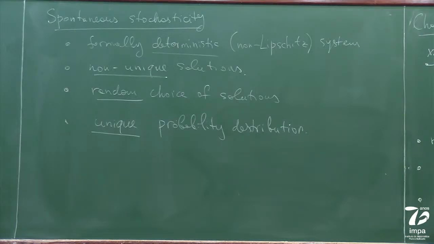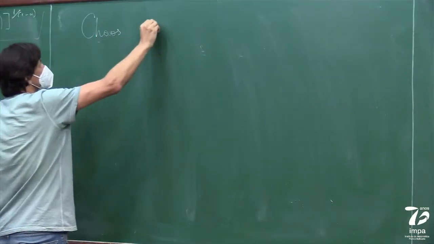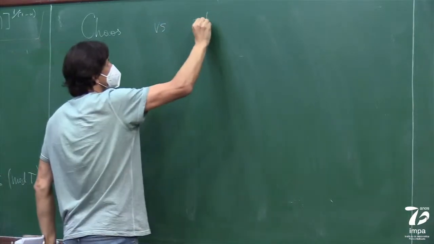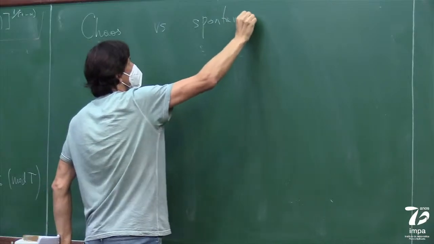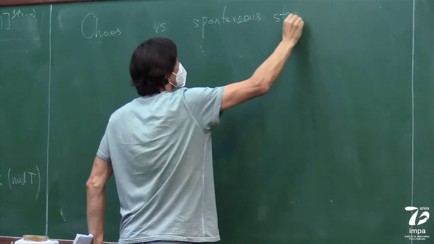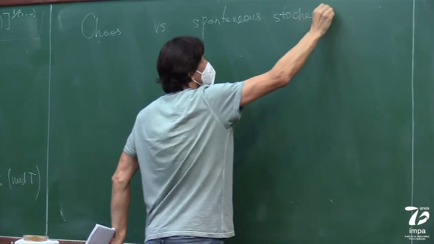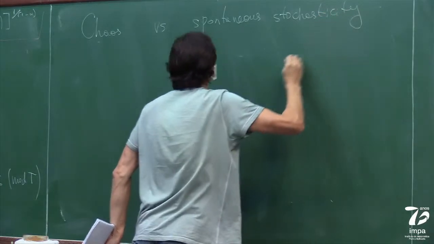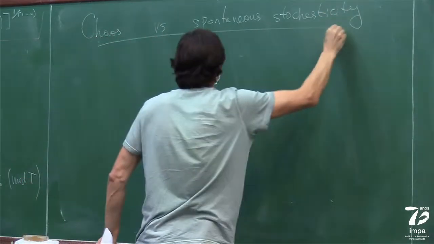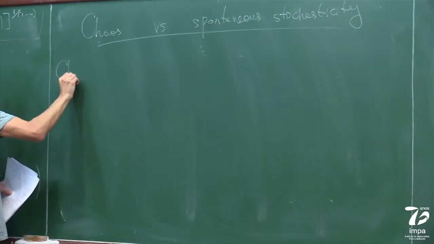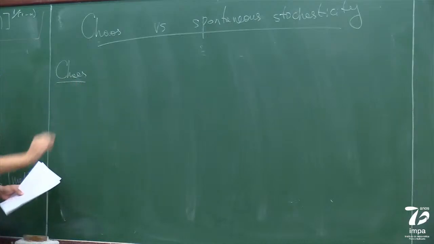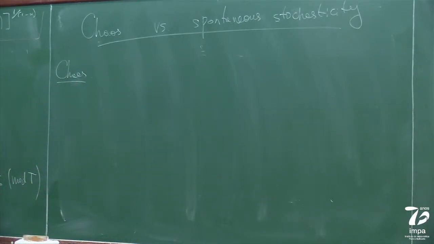So let's say chaos versus spontaneous stochasticity. So what is in chaos? Deterministic chaos has to do with, remember, exponential amplification of the error.